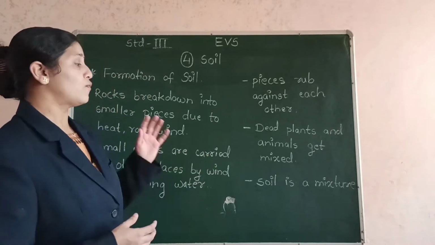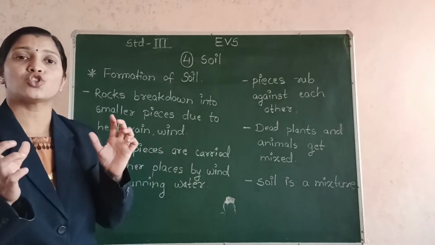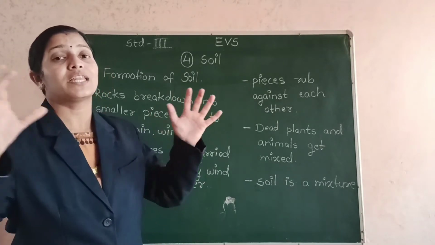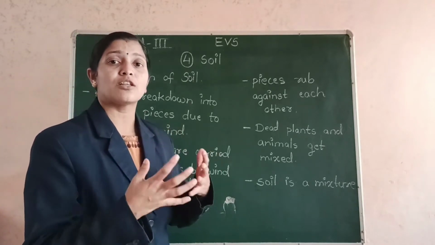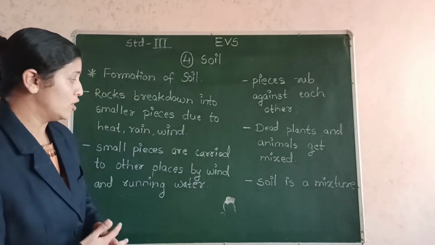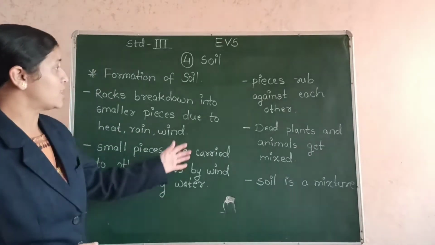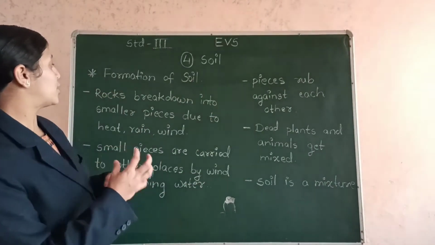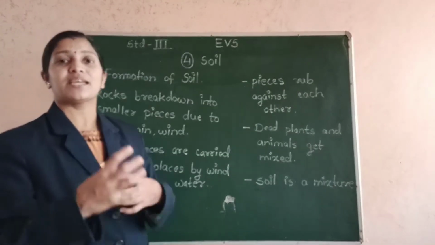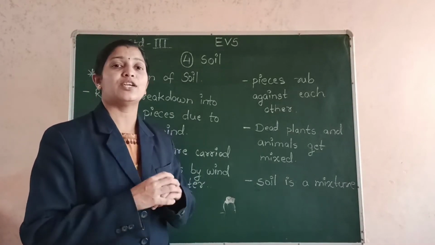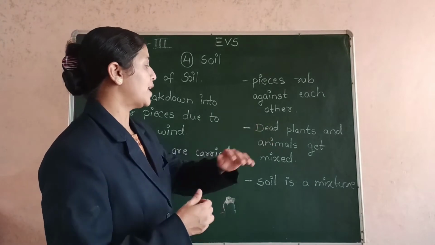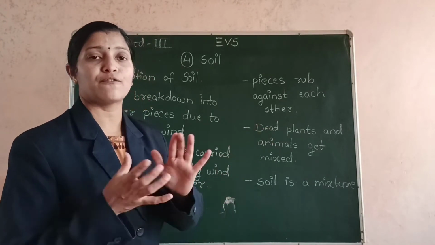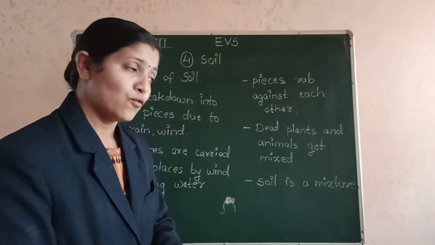As I told you, the formation of soil is not a short-term process. It is a very long process. It takes many years. During all this process, the rocks break down into fine particles and get mixed up with the dead plants and dead animals, and finally the soil is formed.